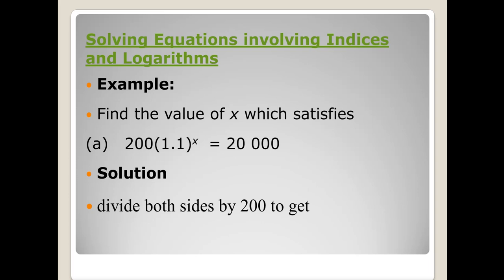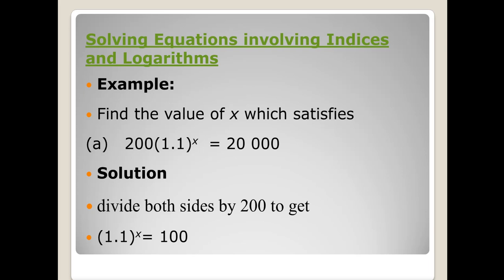We want to get rid of the 200 by dividing this equation by 200. So we will have 1.1 to the power of x equals 100, because if we divide 20,000 by 200, we will get 100.